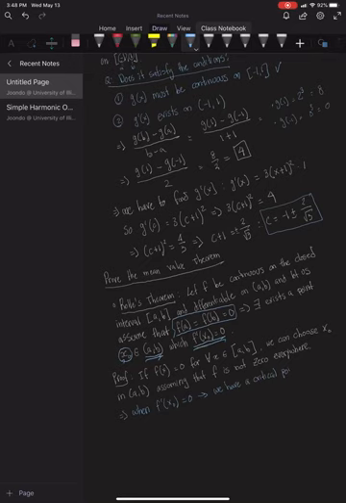And if we have a critical point, this means we can have a maximum or a minimum.